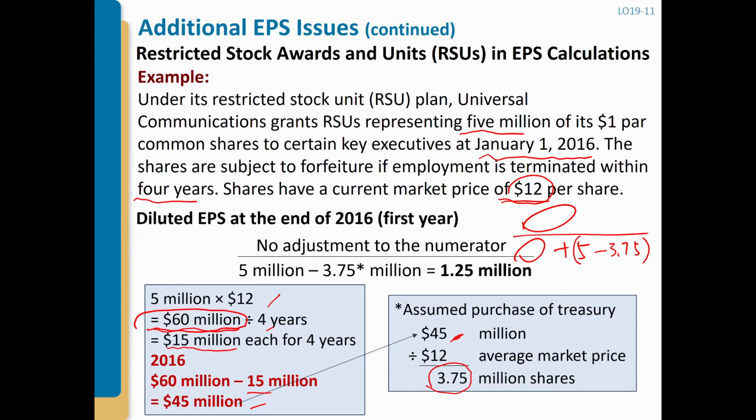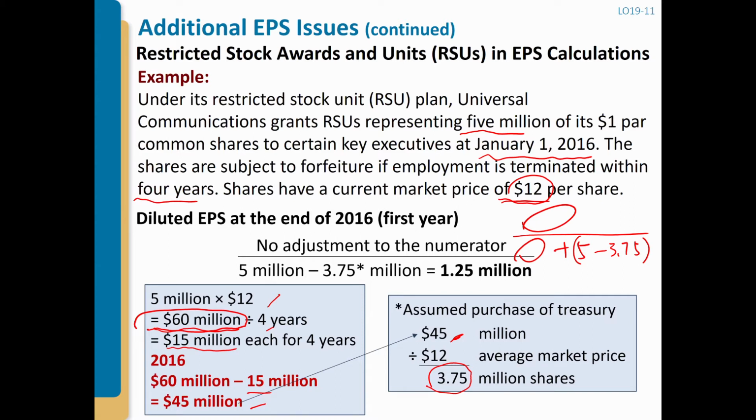And we use that to divide by 12 to find how many shares we can purchase back. Then we count the net increase of our shares, which is 1.25 million. Any other question? So we're just adding back the shares.